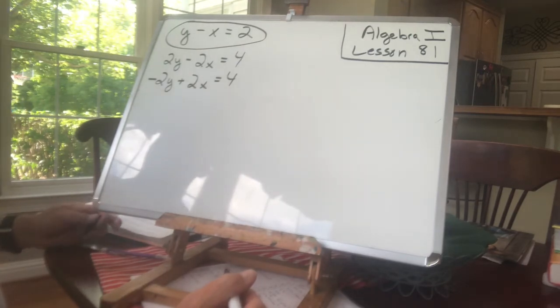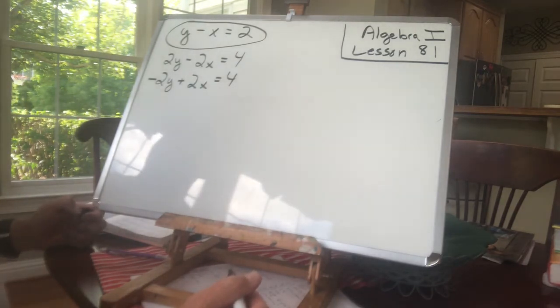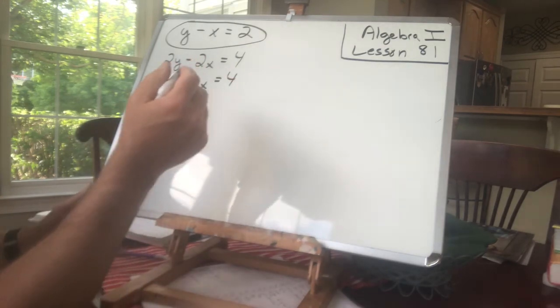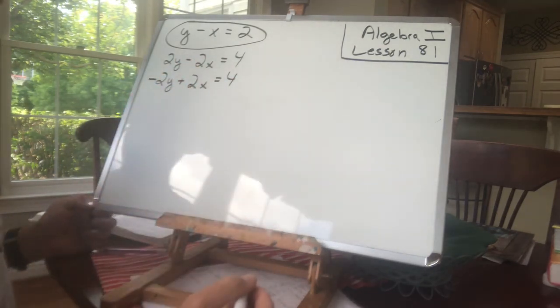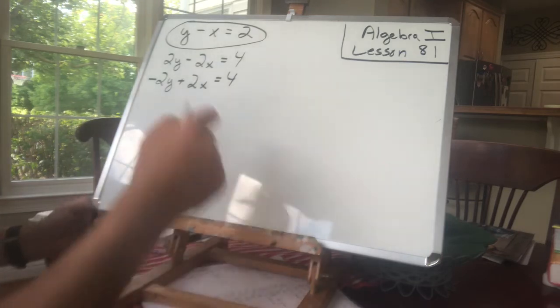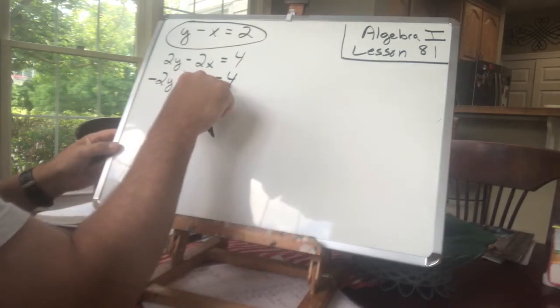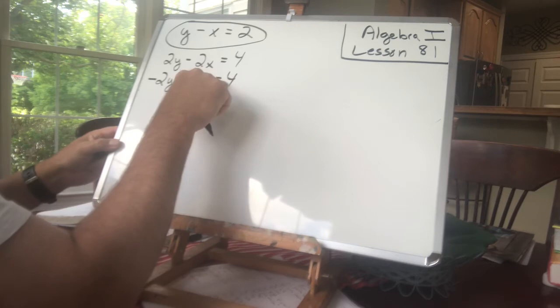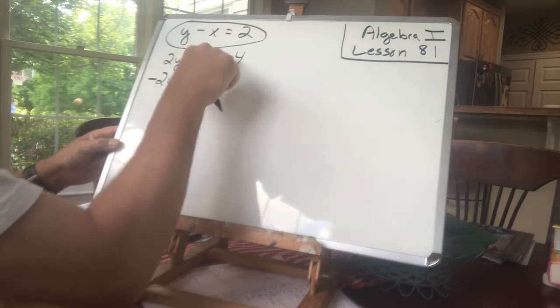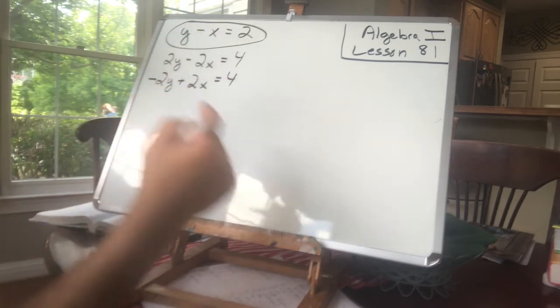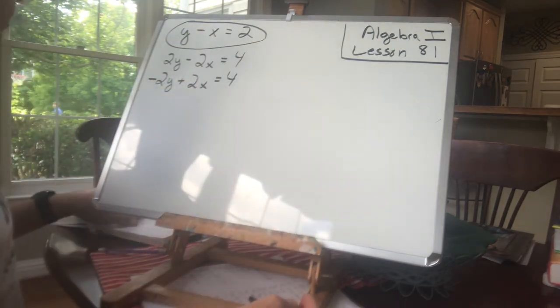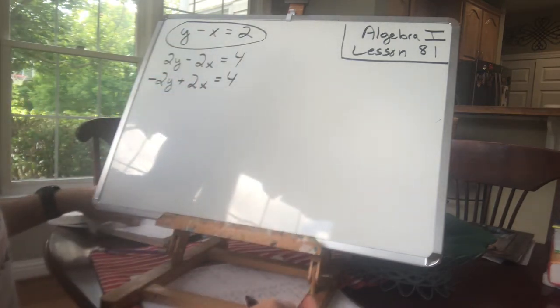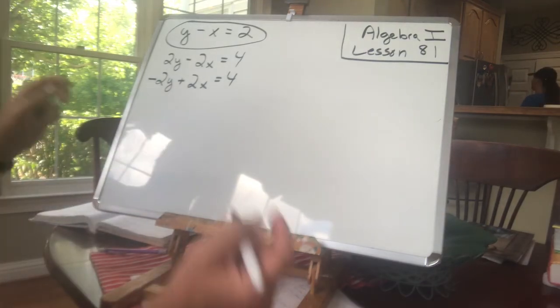And what's that going to do? Oh, I'm sorry, I forgot to multiply this one by what? What am I supposed to multiply this one by? What did I multiply it by? Negative 2.